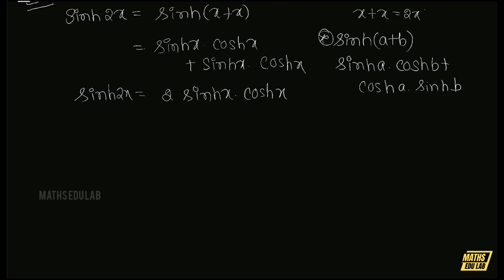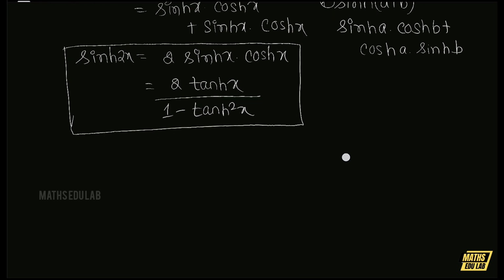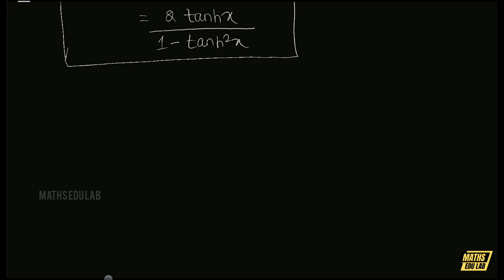Also, we have the other formula for sine hyperbolic 2x, that means 2 tan hyperbolic x upon 1 minus tan hyperbolic square x. So for sine hyperbolic 2x we have two formulas. We have already solved for the 2 sine hyperbolic x into cos hyperbolic x. Let's solve for the other one.